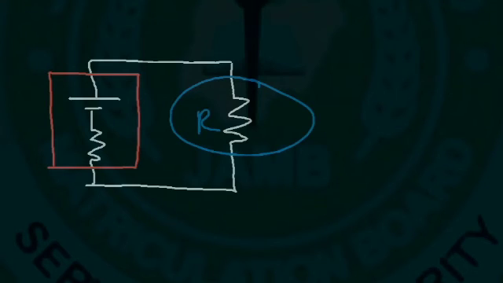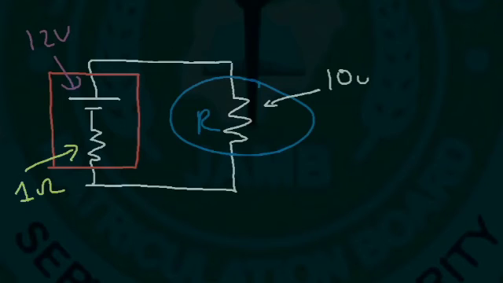Now let's say the internal resistance of the battery has a value of 1 ohm. And the EMF, the voltage produced by the battery, let's say it's 12 volts. Now let's say that the meter has a resistance of 10 ohms.